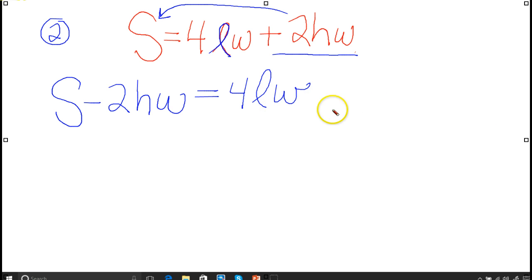Now we want to solve for the letter L. These are all factors, 4 times L times W. How do I isolate the L? Well, as we would with coefficients, we're going to divide out what we don't want. We're going to divide it by 4W. If we do it to this side, we must do it to this side.